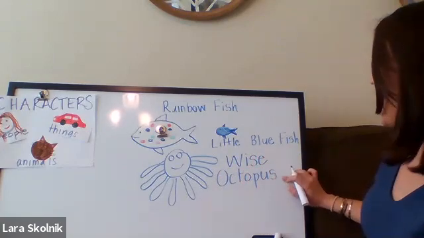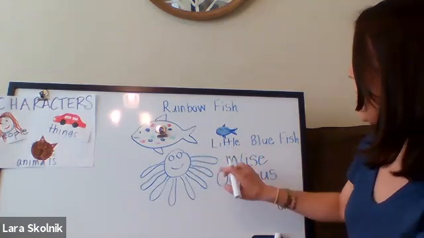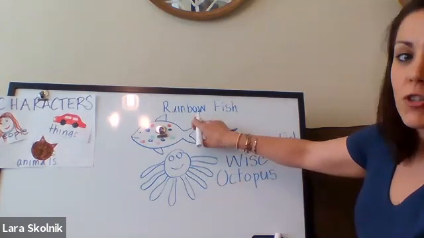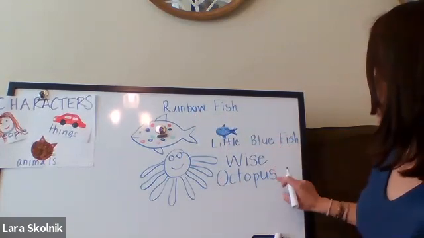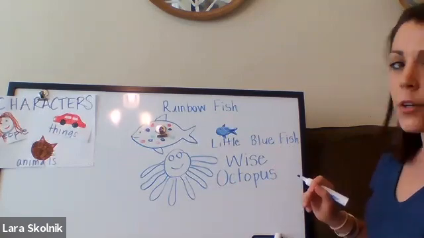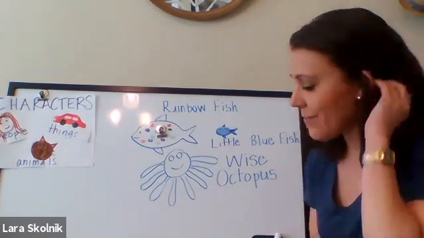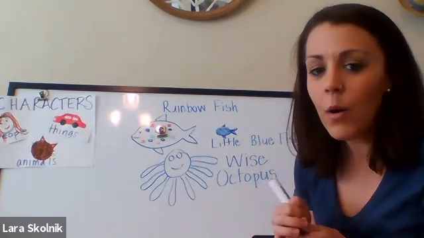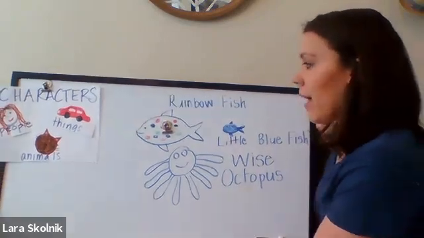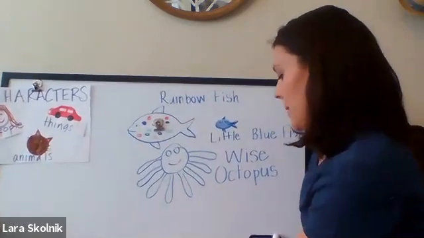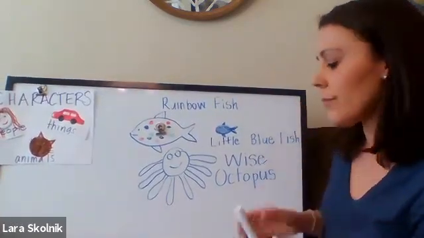Good. Wise octopus. So we have 3 of our characters, the rainbow fish, the little blue fish, and the wise octopus. Knowing those characters really helped us understand the book better, right? Yeah. All right, and now we're going to add detail by drawing our setting.